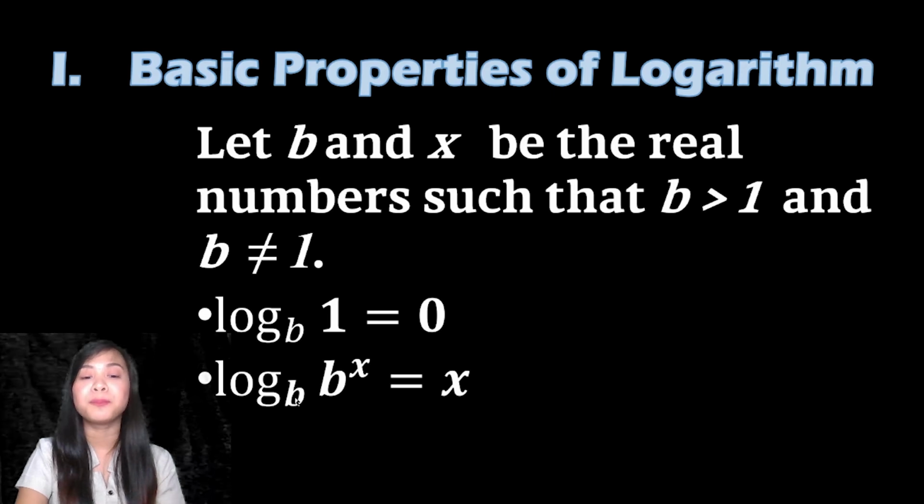When we have a power with an exponent, and the base of the power is the same as the base of your logarithm, then the whole logarithm will be equal to the exponent of your power, so the x.